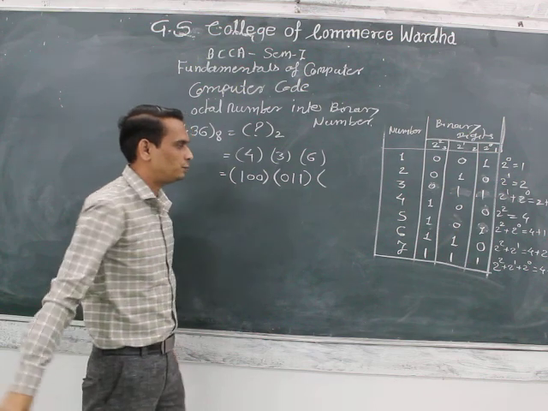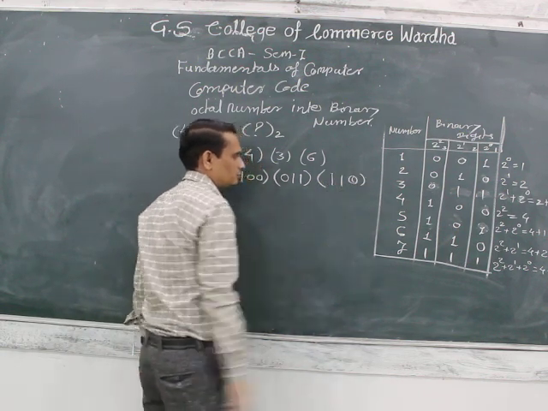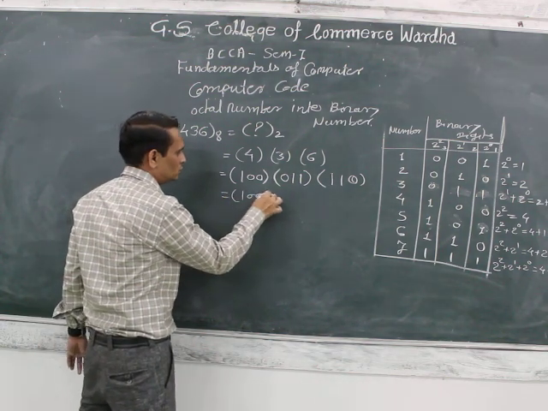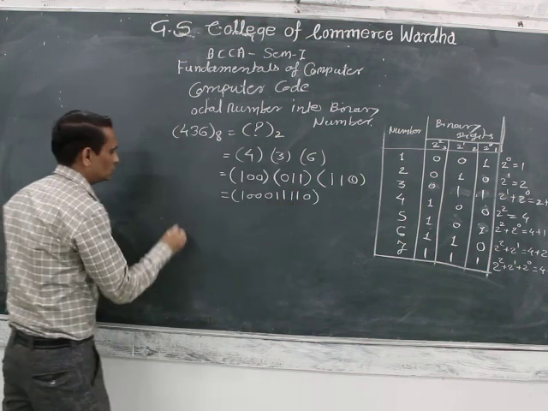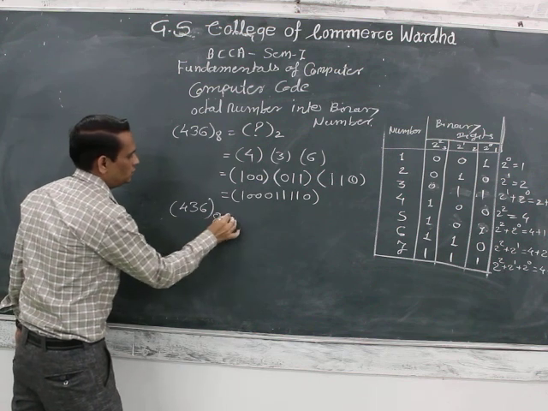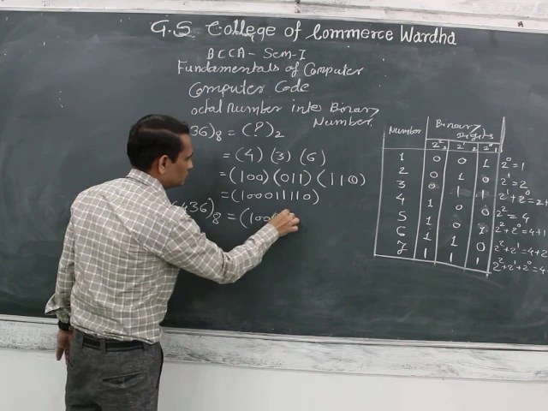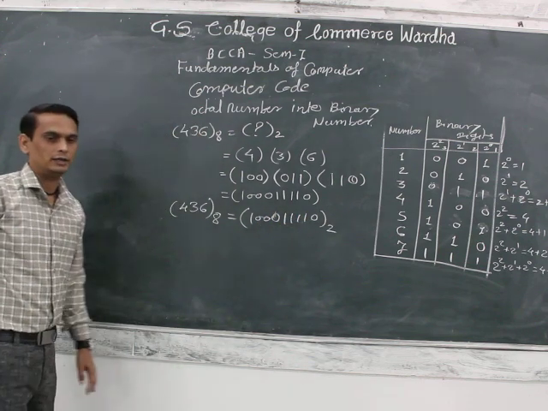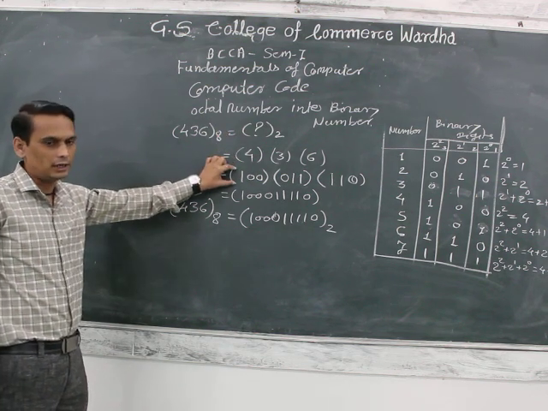And 6 will represent 1, 1, 0. So in lineup, 100 011 110 is the conversion of octal to binary.